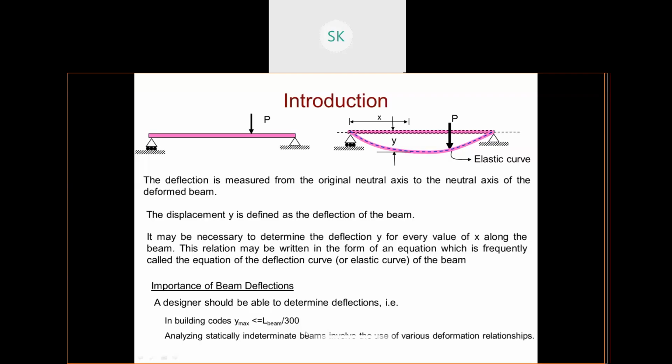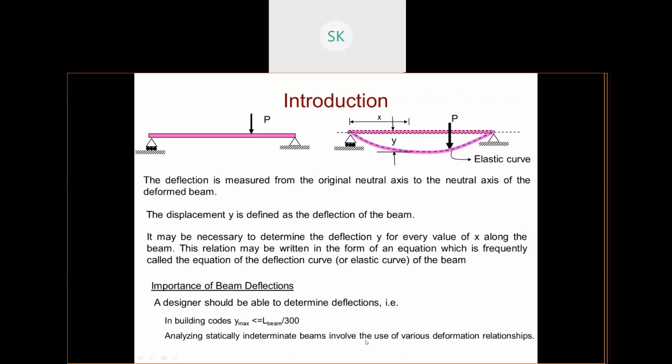So the building code says that your deflection should be less than L by 300. This is the formula given by the IS code: your deflection should be less than L of the beam, meaning the length of the beam, divided by 300. What is the length of the beam? Suppose you have been given the length of the beam as 8 meter. So 8 meter divided by 300. Your deflection should be less than that value.